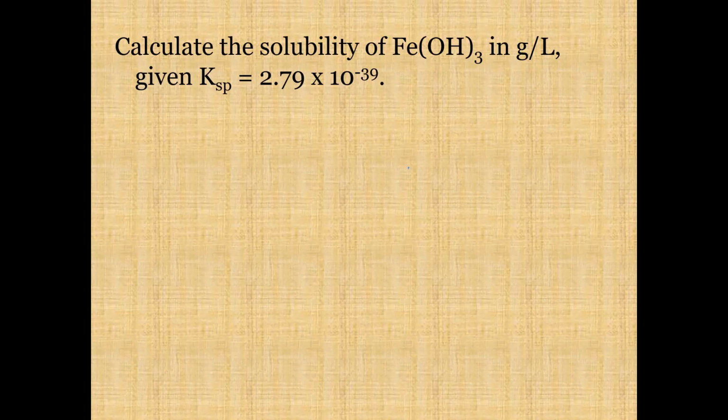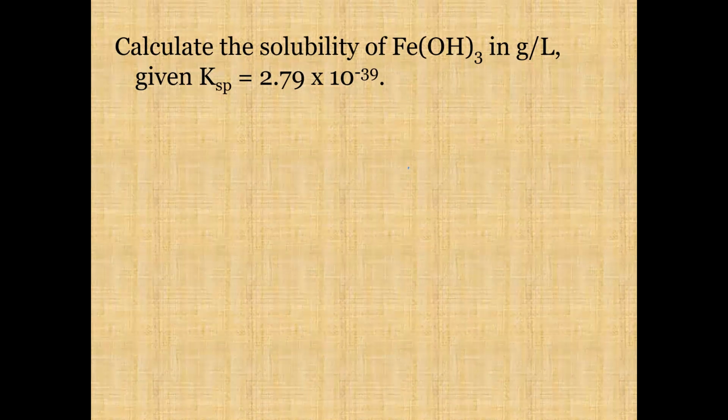All right, so here's another way that you're going to see KSP problems. Here, it wants us to find that solubility. So we have to find molar solubility, which is our X factor, but it wants us to find solubility in grams per liter when given KSP. So we're given the K value and we're trying to figure out what that X factor is.